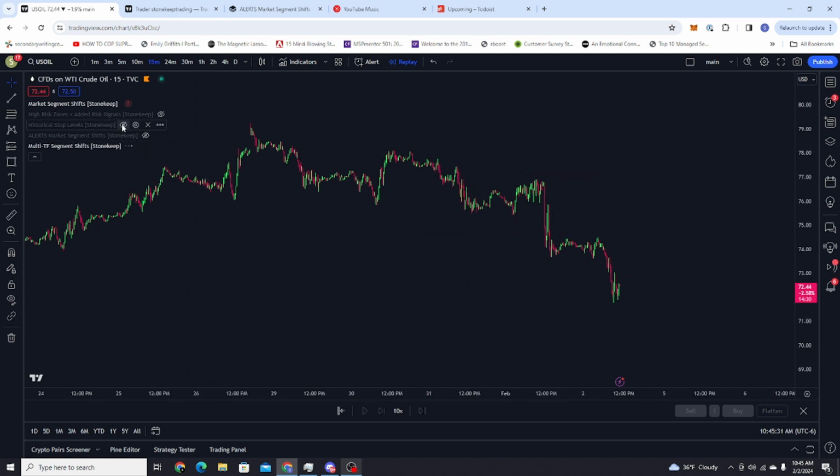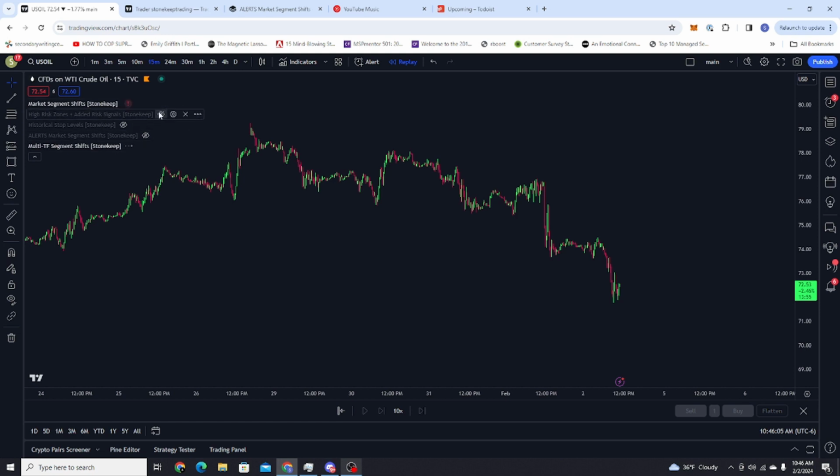When we turn on our historical stop levels, you can see where price might be attracted to, where it might get rejected, yada yada. We're not going to get into the historical stop levels in this video. We're mainly focusing on the segments and segment related algorithms, because the historical stop level is independent of the market segment shifts, while the multi-time frame segments, as well as the high risk zones and added risk signals, all use some amount of source code from the market segment shifts, which is modified to do various different tasks.